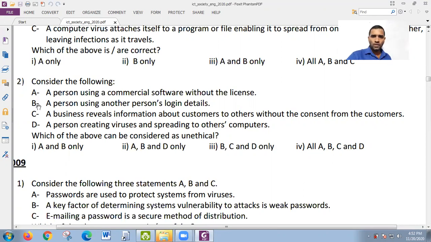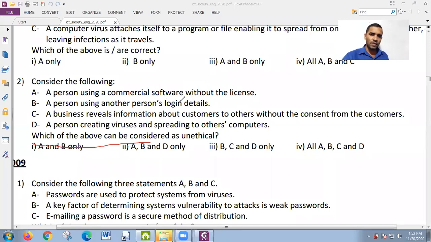Consider the following. A. A person using commercial software without the license. Okay, let's take the question first, then only can you take the points. Which of the above can be considered unethical? Check A again. A person using commercial software without the license.